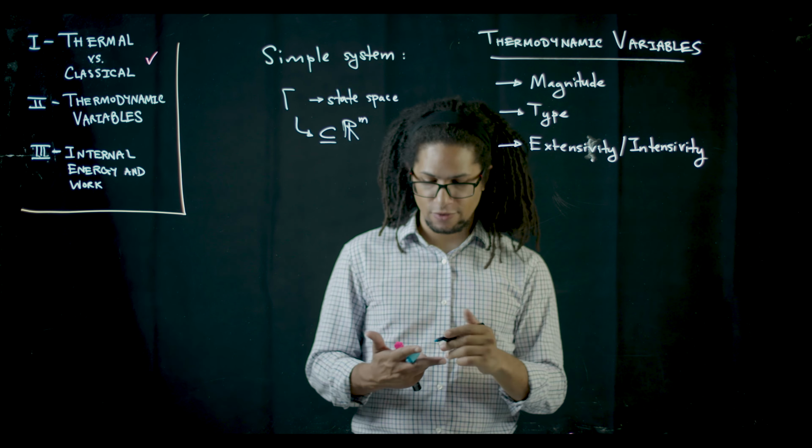So let's show this diagrammatically. What we want to do is take m copies of our object and consider, does variable x increase by a factor m?